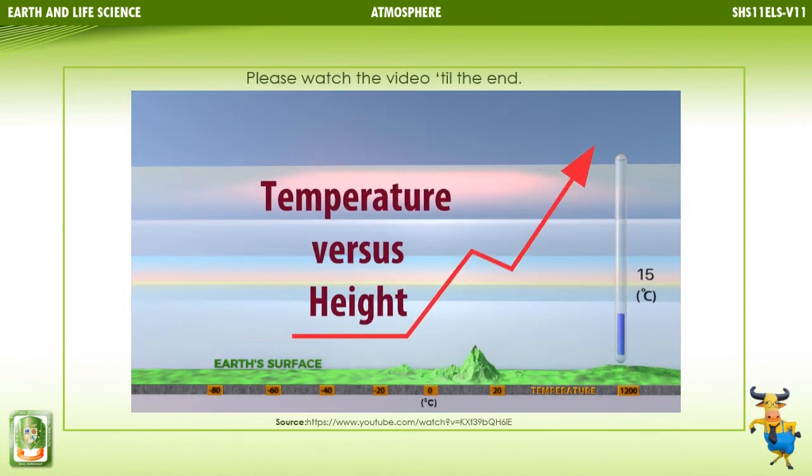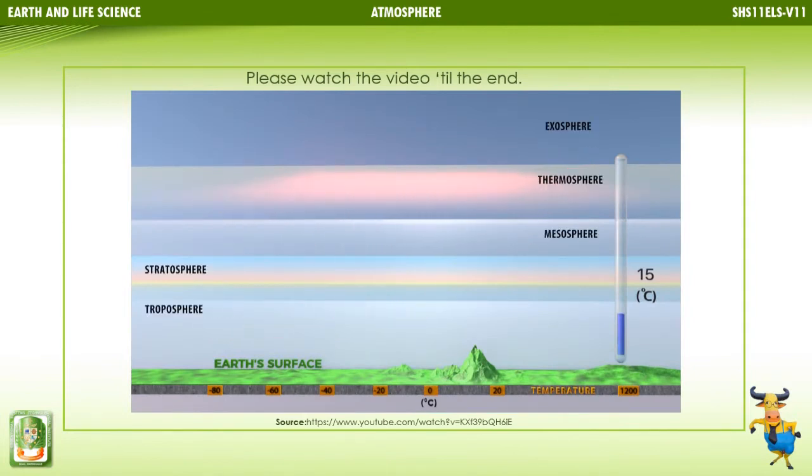Temperature versus height. Near the surface of the Earth, the average temperature is 15 degrees Celsius, and the temperature gradually decreases to -56 degrees Celsius as altitude increases. Then the temperature remains constant below the ozone layer. In the stratosphere region, from the ozone layer the temperature progressively increases to -2 degrees Celsius.